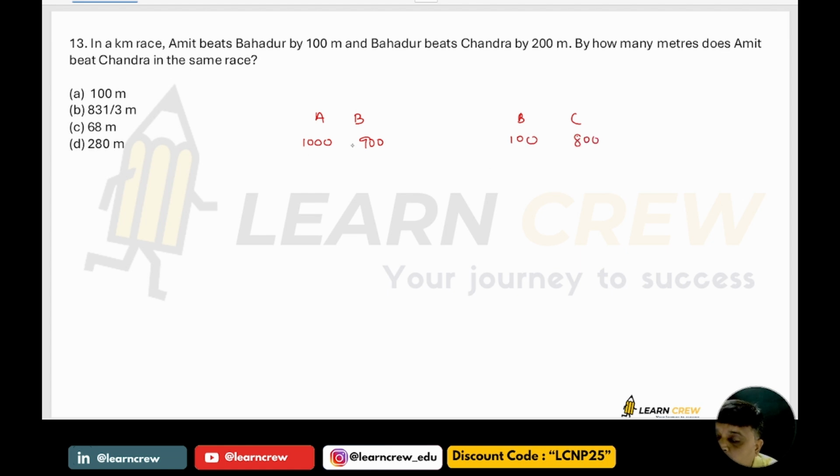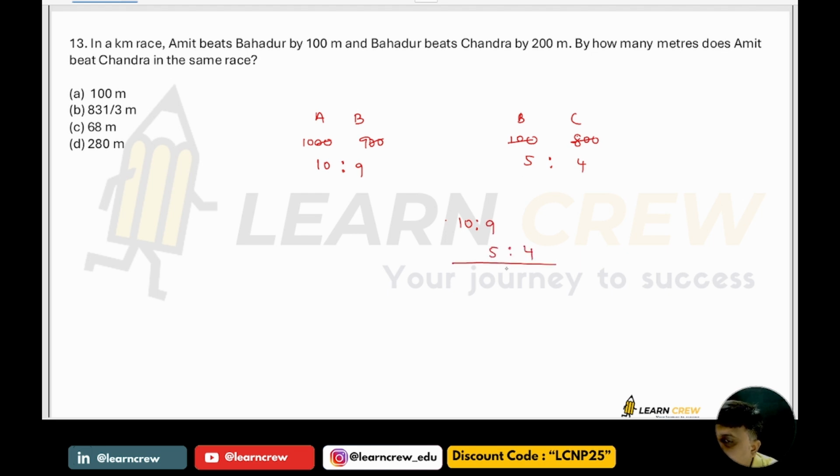Now, if you observe here the ratio is 10:9, A is to B. Here the ratio is 5:4. So what will you get? A is to B is to C. A is to B is 10:9 and B is to C is 5:4.